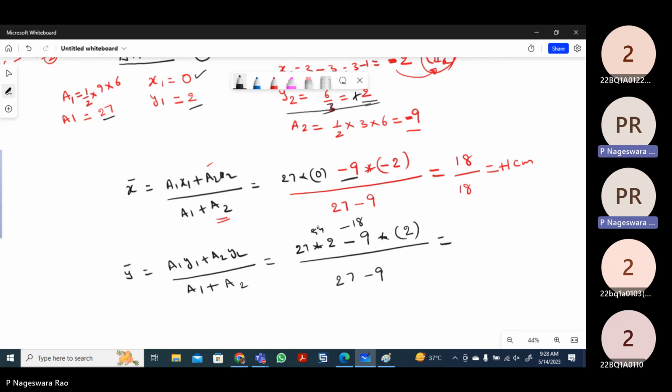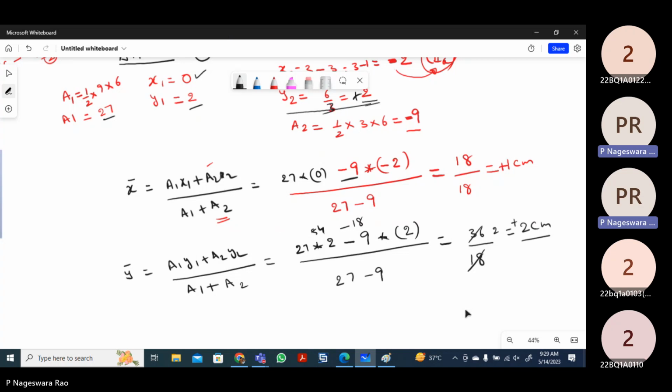So the value is 54 minus 18, that is 36, divided by 18, so 2 centimeters. We got 2 centimeters, a positive value.